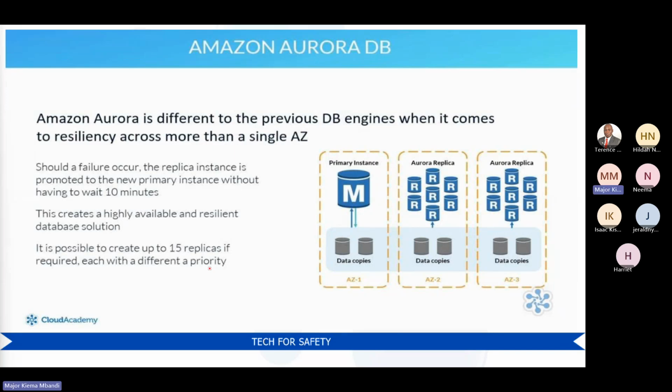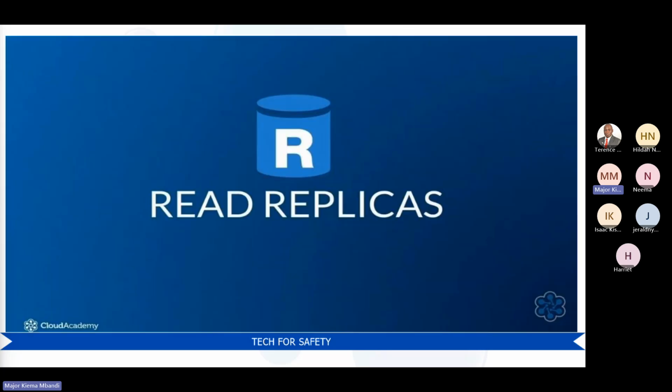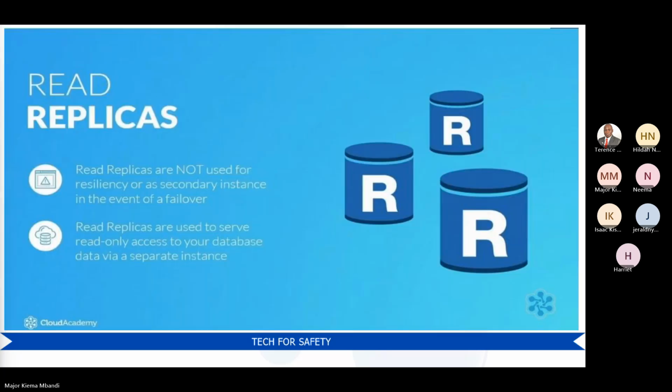So we have been talking about replicas. What are replicas? Let's take a look. Read replicas are not used for resilience or as a secondary instance in the event of a failover.